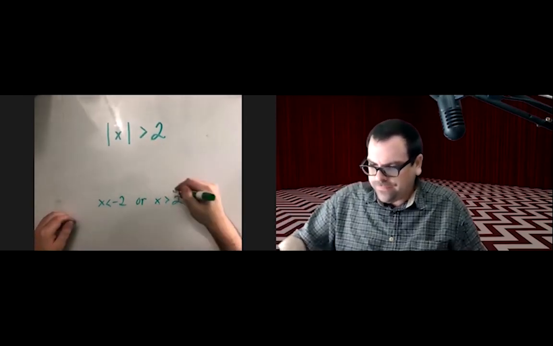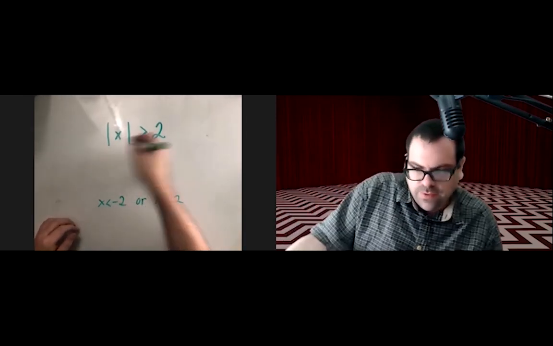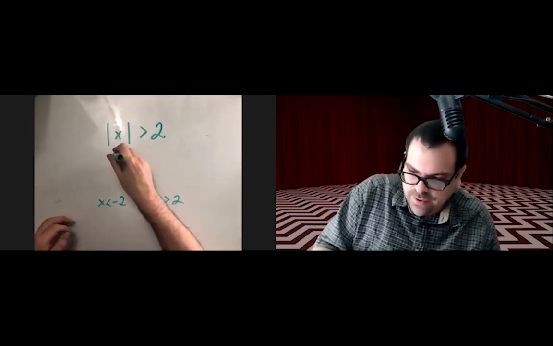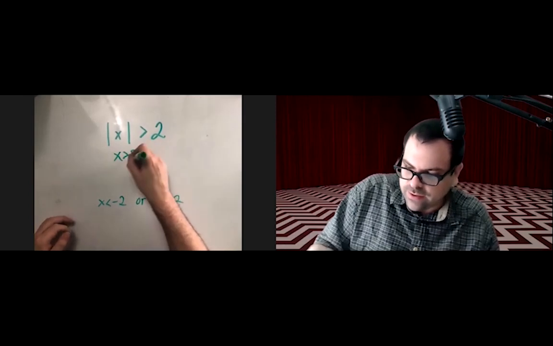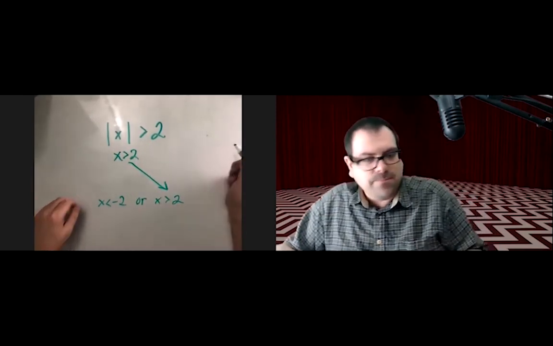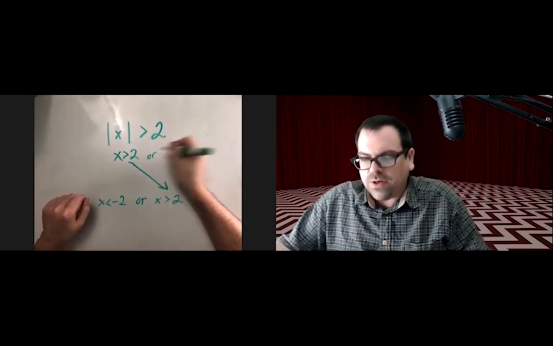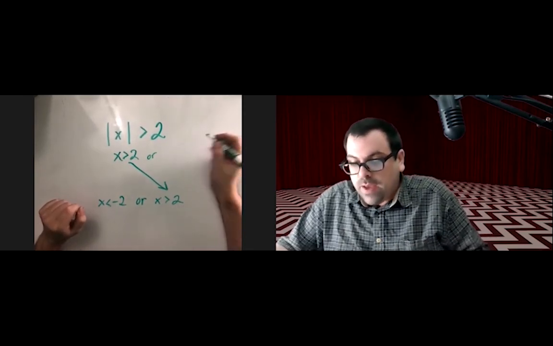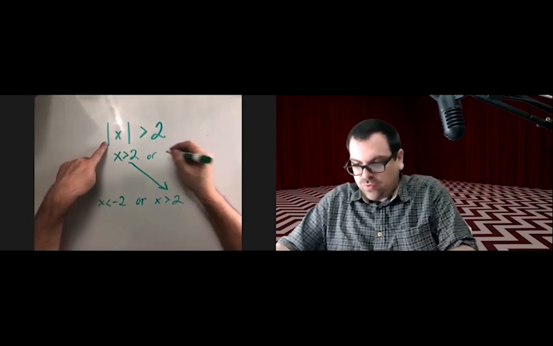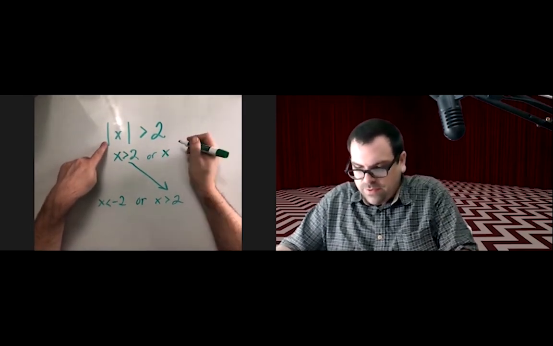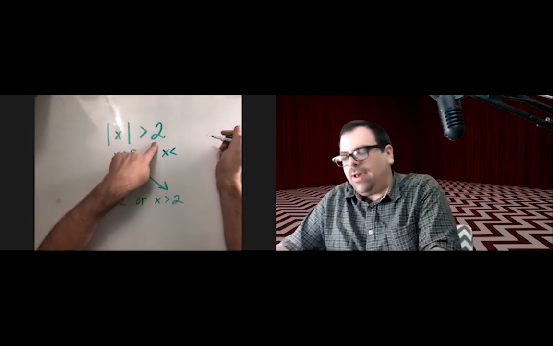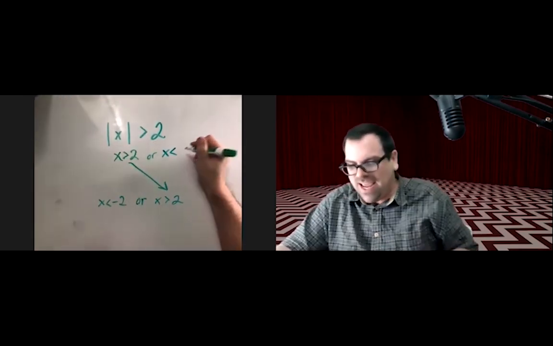Well, this one, we can just drop the absolute value sign. X greater than 2. That gives us that one. And then we say or. And we're going to drop the absolute value, switch the sign, and change the positive to negative.